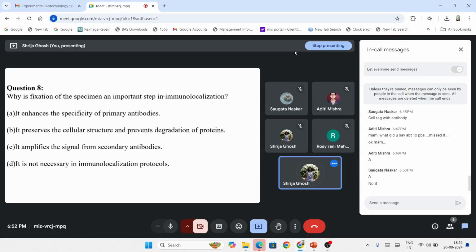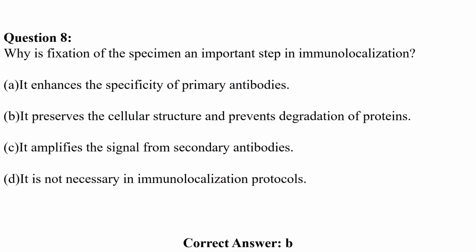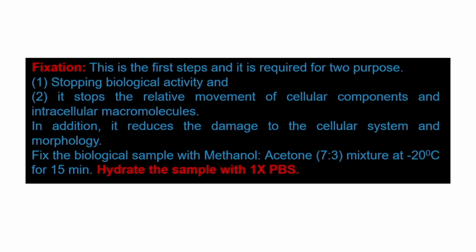So the correct answer is option B. Fixing is the first step, and it is required mainly for two purposes. First, to stop all the biological activities. As I told you, things are moving inside, enzymatic reactions are going on. The cell is a very active biomaterial, right? Inside the cell, a lot of dynamic processes are going on all the time.